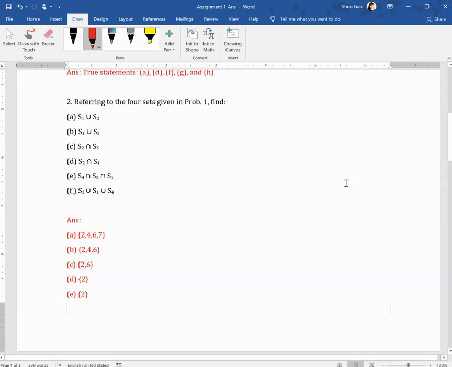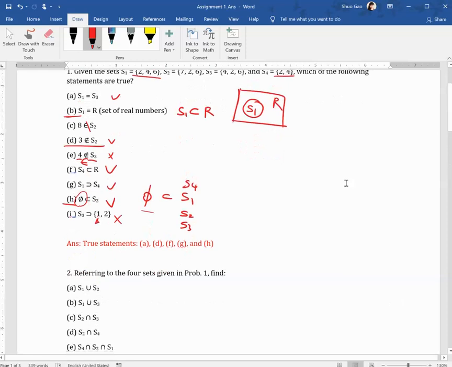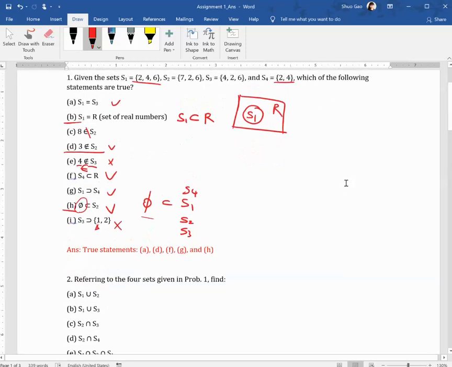And question 2, again, we have the 4 sets. Let's find A to E. So first is S1 union S2. The union means we take all the elements on both sides and add them together.